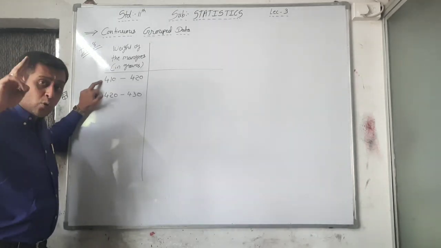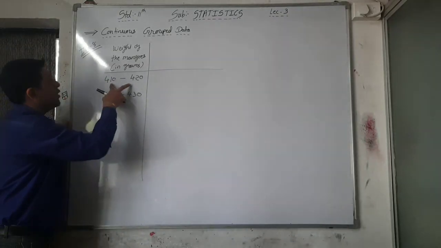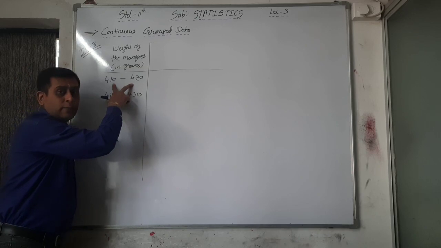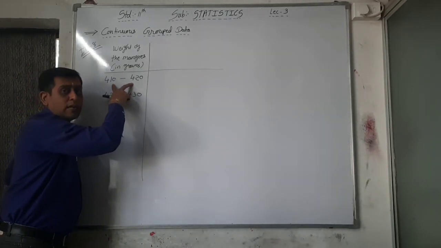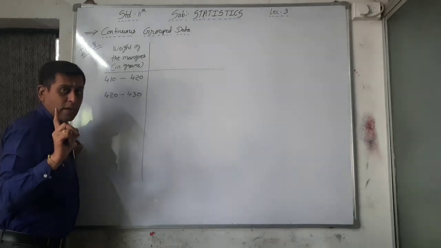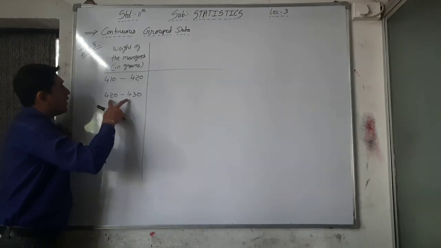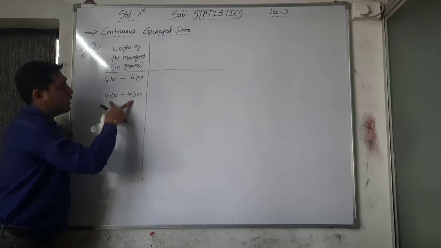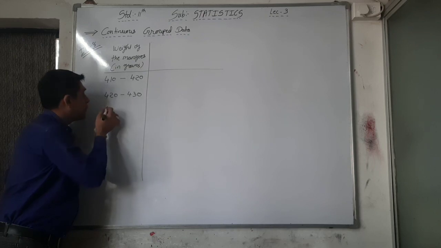So from those two pieces of information we are making a class between 410 and 420. The weight of mangoes between 410 and 420 grams, that is your first class. And from that, next we continue with 420. The next one is below 430. That's why 420 to 430. Then the next one is 430.